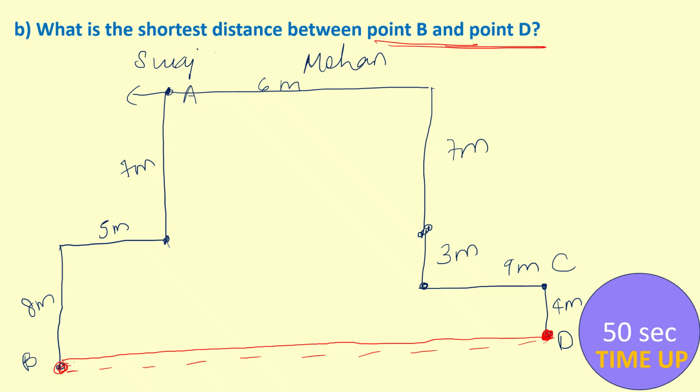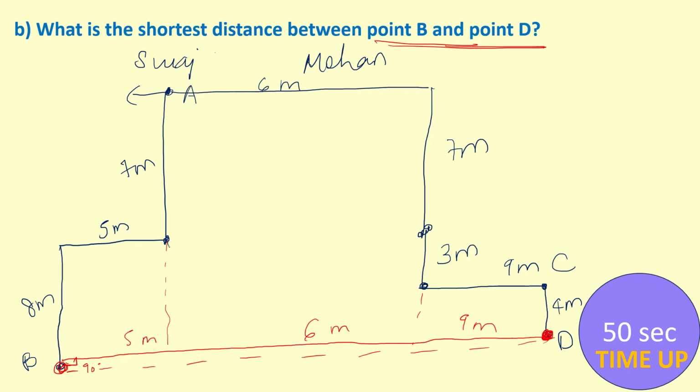Okay, this hypotenuse you need to find out. So this will be how much? This is your 5 meter, then this comes your 6 meter, and this is your 9 meter.